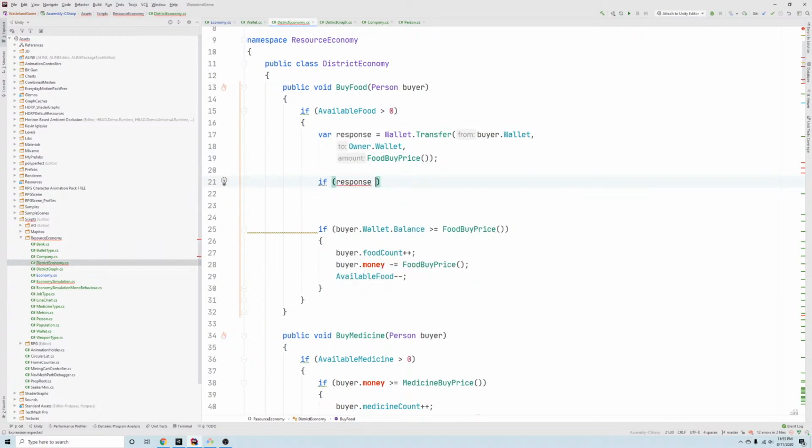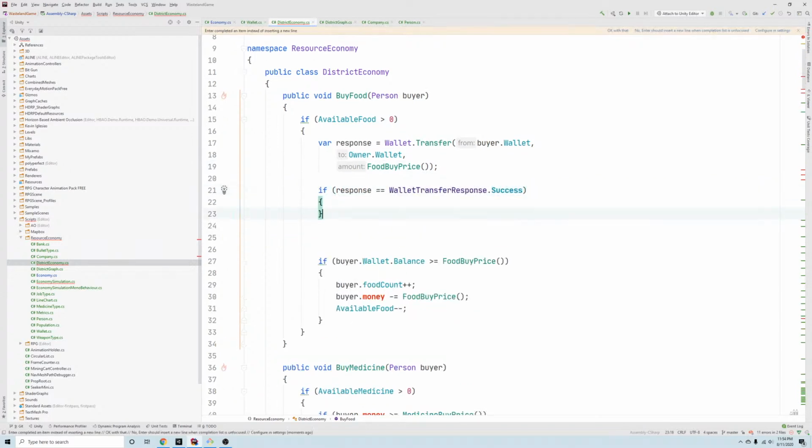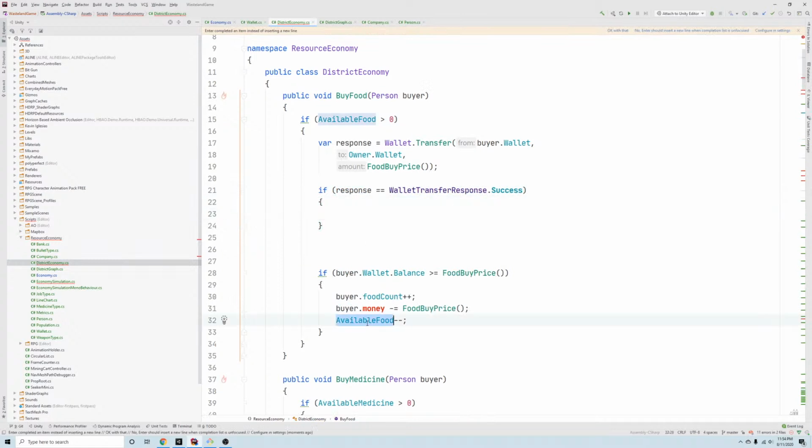So if the response was successful, we can transfer the food.